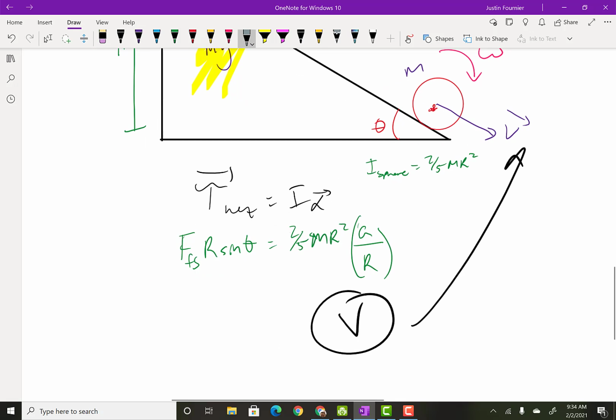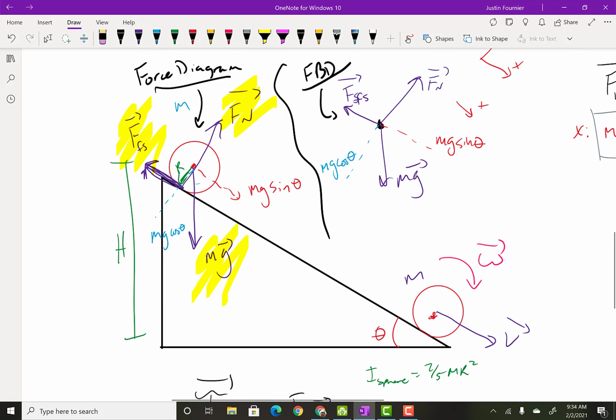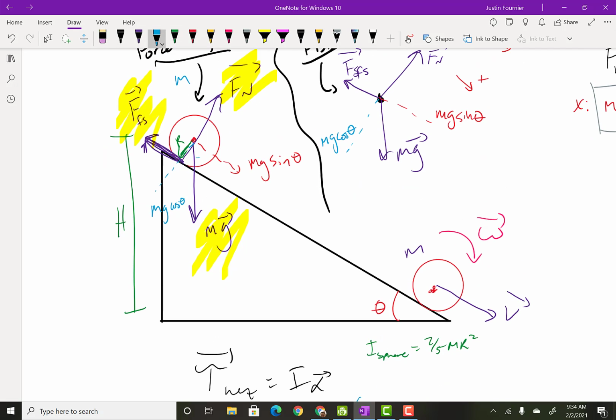Now let's use torque net equals I alpha. Using that, the only thing creating a torque is this frictional force, because the sphere is rotating about its center of mass, and it's the only force that's perpendicular and away from the axis of rotation.